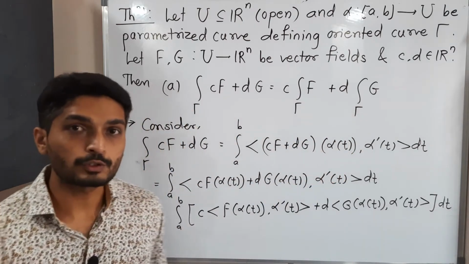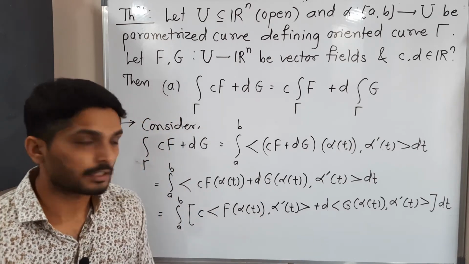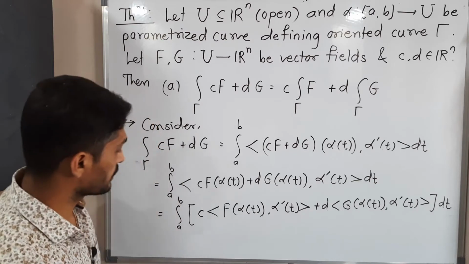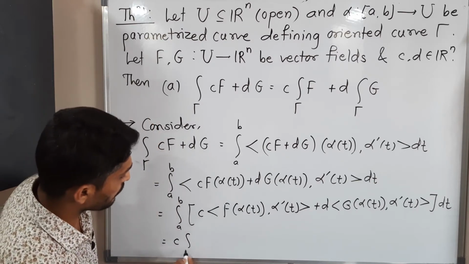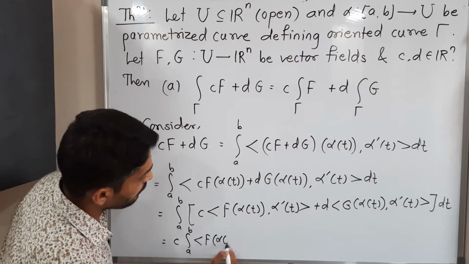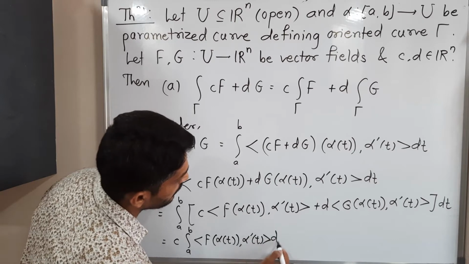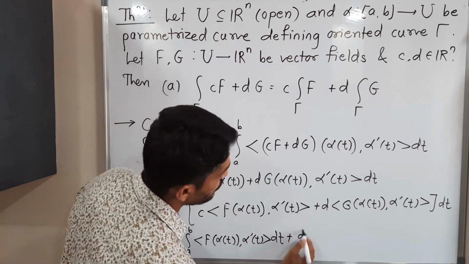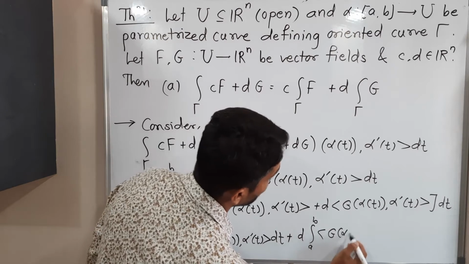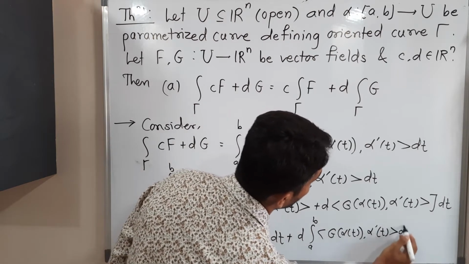After that, I am going to use properties of real integral. Addition is there, we can take separate integration as well as constants we can take outside. So this is equal to c times the integral a to b of inner product F of alpha of t, alpha dash of t, dt, and d times the integral a to b of inner product G of alpha of t, alpha dash of t, dt.